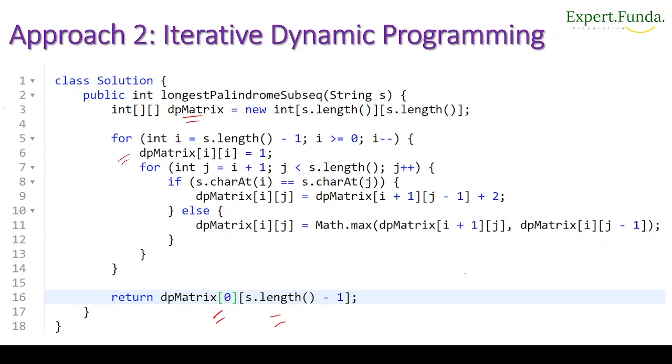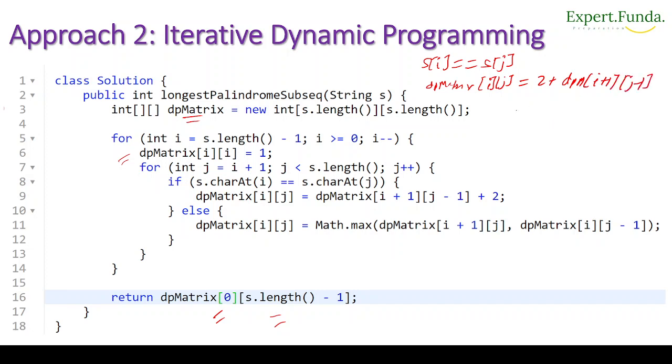To do that, we have to perform the first thing. Let me write here. If s of i equals s of j, which we have already seen, then dp matrix at i and j will take 2 plus dp matrix at i plus 1 and j minus 1.